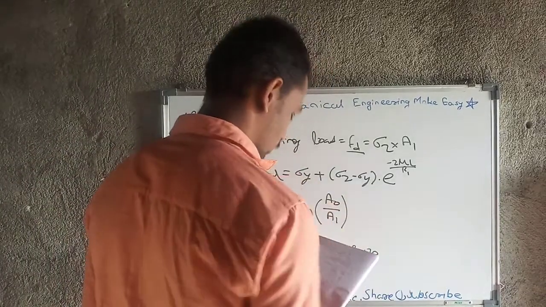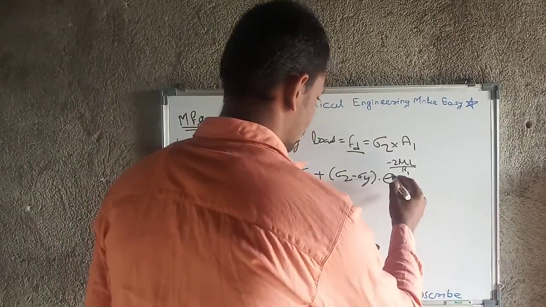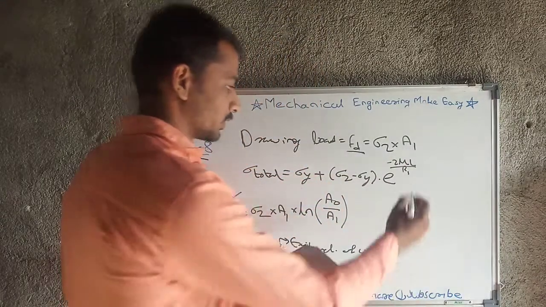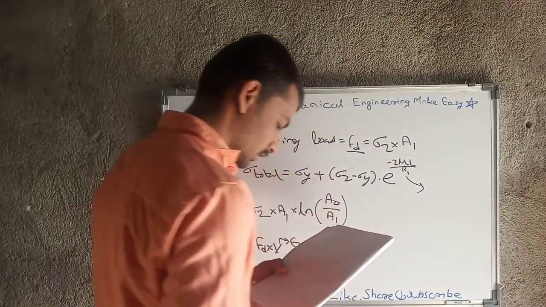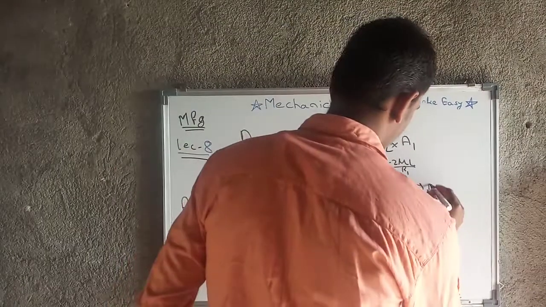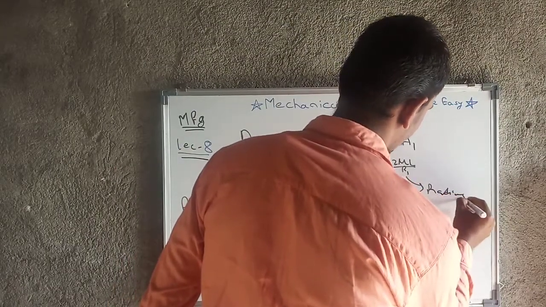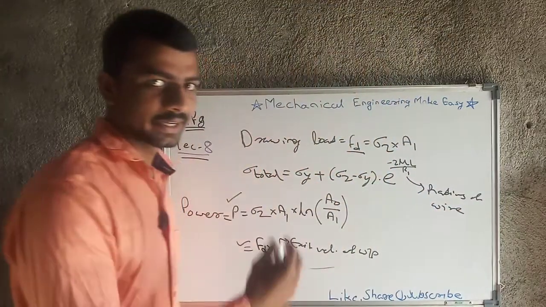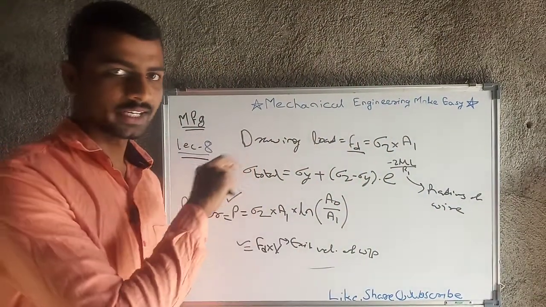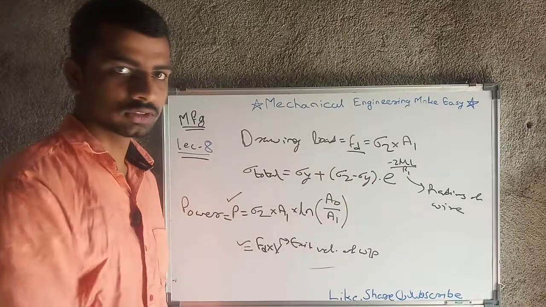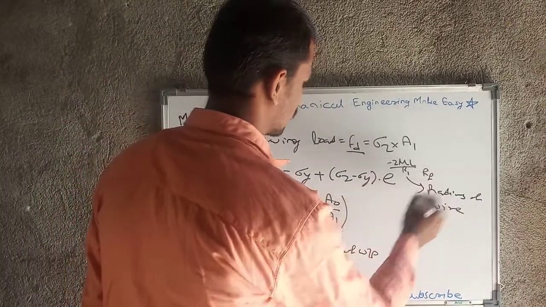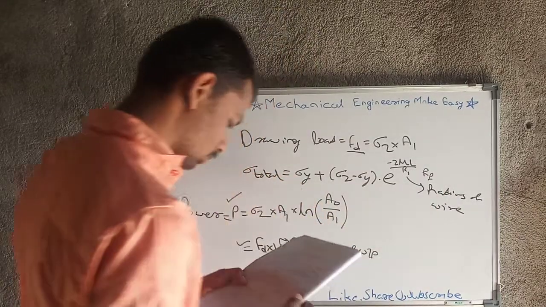That is 2.718, and this is 2 mu. Mu is nothing but the coefficient of friction, and this R1 is nothing but the radius of wire. Radius of wire means radius of workpiece at outlet, R1 or R_F we can say, and this is the length.